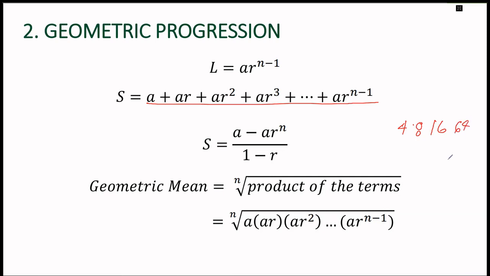If we ask for the product of the terms, we multiply all these terms and then get the nth root, depending on how many terms there are, here 4. So that's how we get the geometric mean.